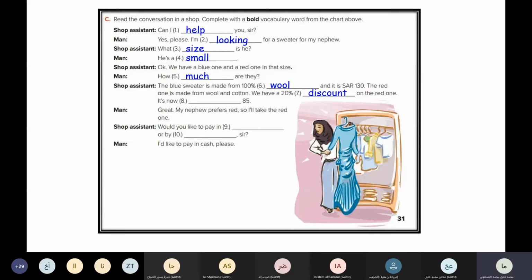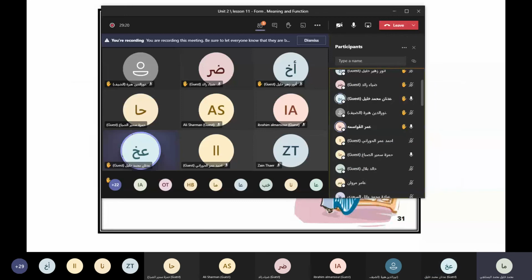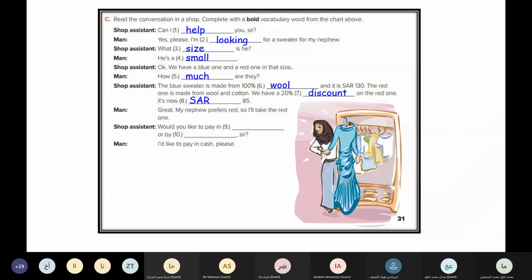We have a 20% discount. It is now 85 riyals. Great. My nephew prefers red, so I... Yes, Omar? Would you like to pay by card or by cash? Would you like to pay in cash or by credit card? Good, thank you. I'd like to pay in cash.